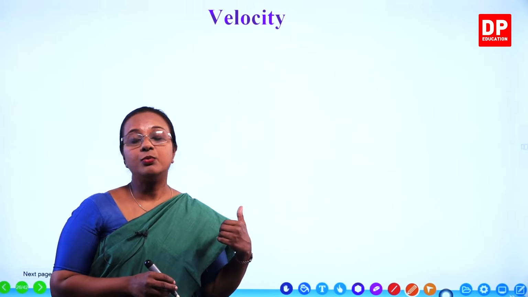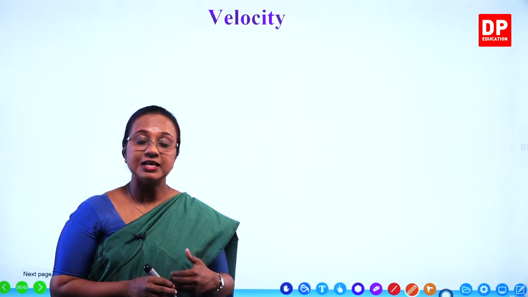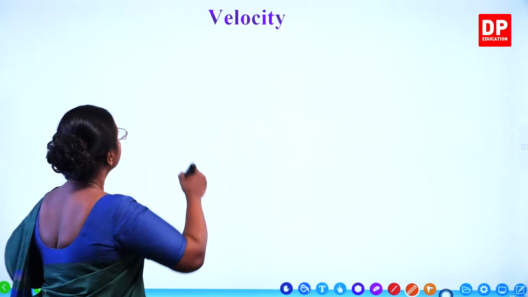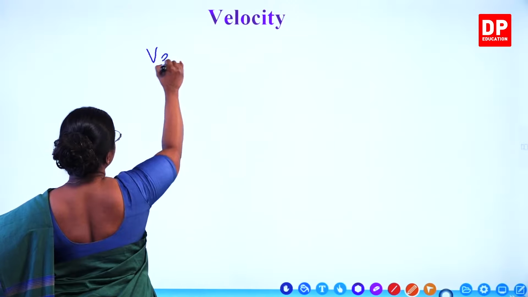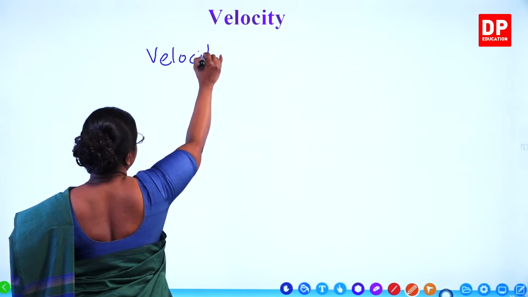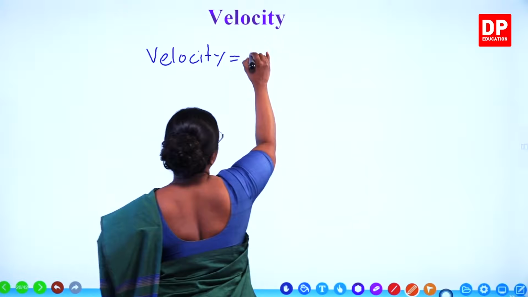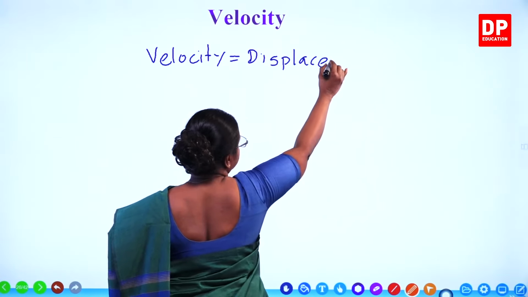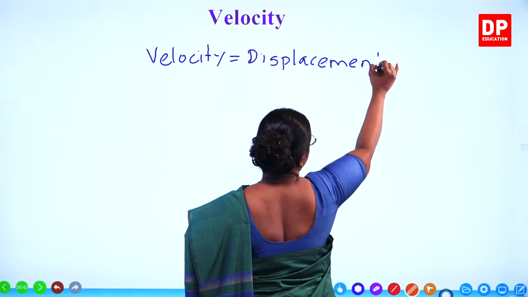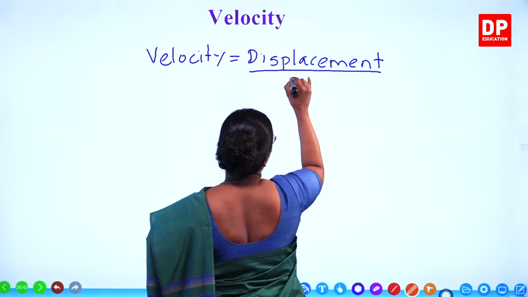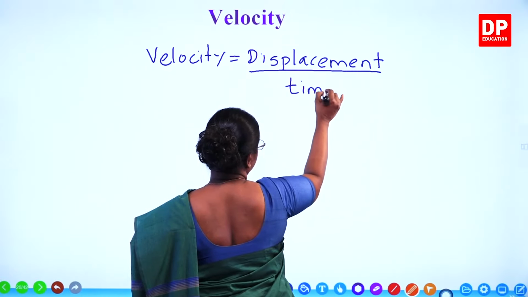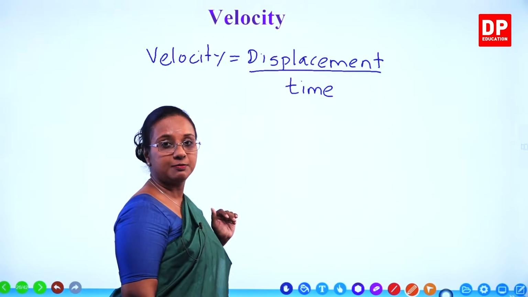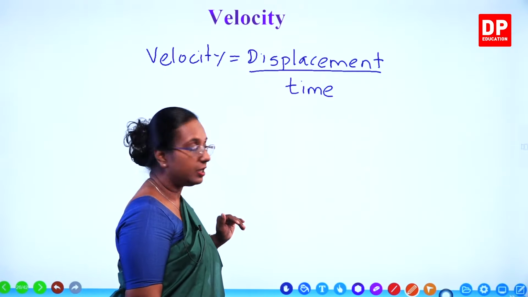So to calculate velocity, we consider the displacement of an object. So if I write, velocity is equal to the displacement of an object in a unit time. So therefore, velocity is displacement divided by time. This is the equation.